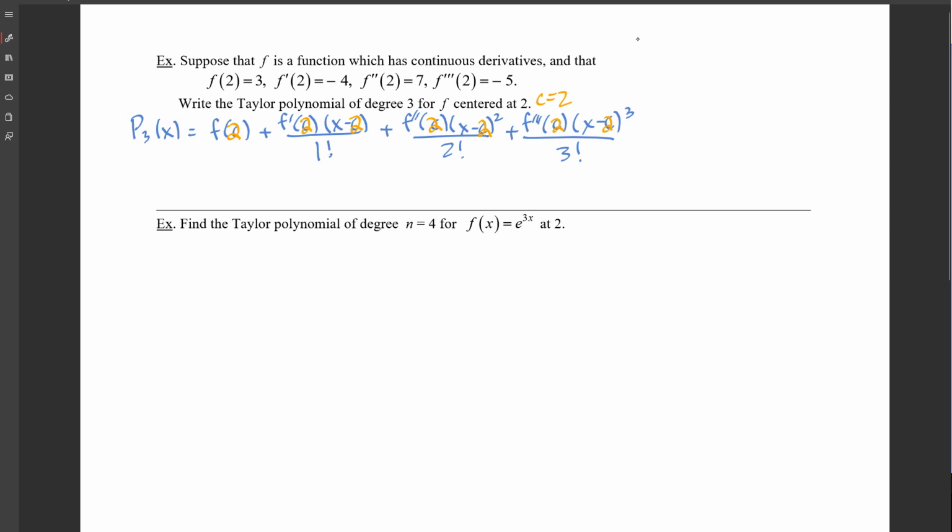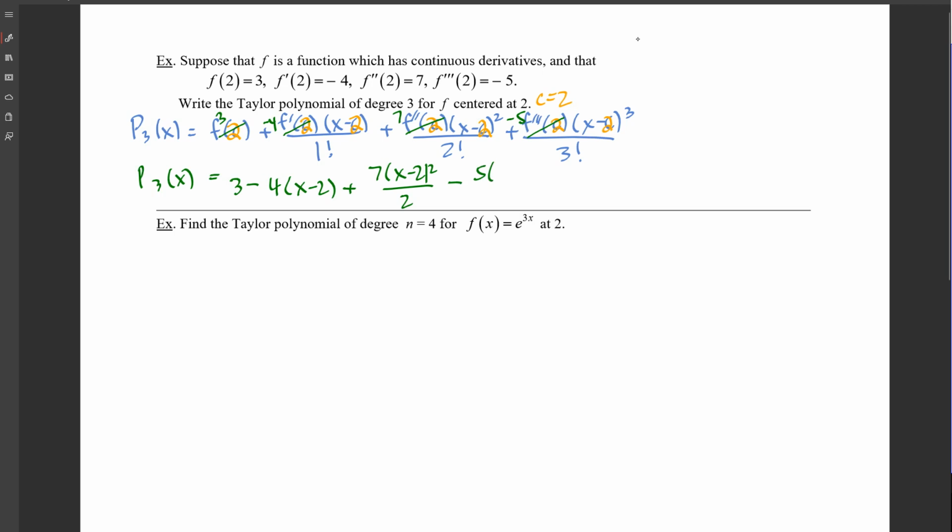All right, and then let's plug in what we know. We know f of 2 is 3, so the polynomial to the third degree is equal to 3 plus f prime of 2 is negative 4, so this will be minus 4 times the quantity x minus 2, divided by 1, but 1 factorial is just 1, plus f double prime of 2, so the second derivative at 2 is 7, so this will be plus 7 times x minus 2 squared over 2 factorial, but 2 factorial is just 2 times 1, which is 2, plus the third derivative, which is negative 5.